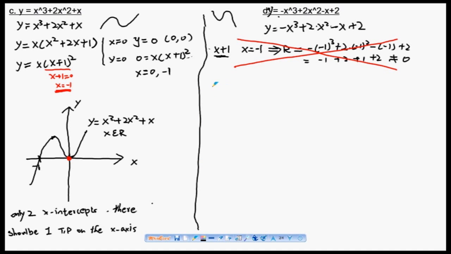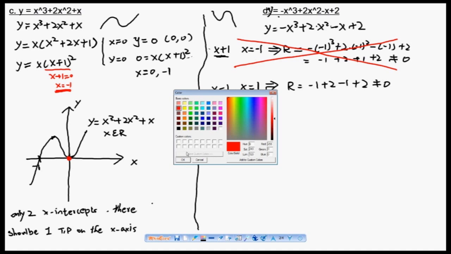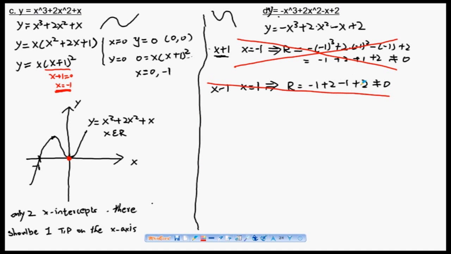Let's try x minus 1 as a factor. We substitute x equals 1 to find the remainder, and the remainder will be -1 plus 2 minus 1 plus 2, which doesn't equal 0. So x minus 1 is not a factor. Let's try another one.